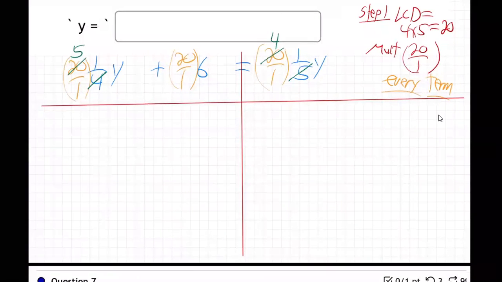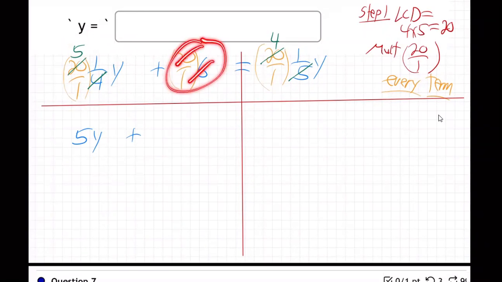Okay, so now let's find out what becomes of that. This is going to be 5y plus y, because all that's left is the 5 and the y. The 4 and the 20 are canceled. The ones don't do anything. It's just 5y.